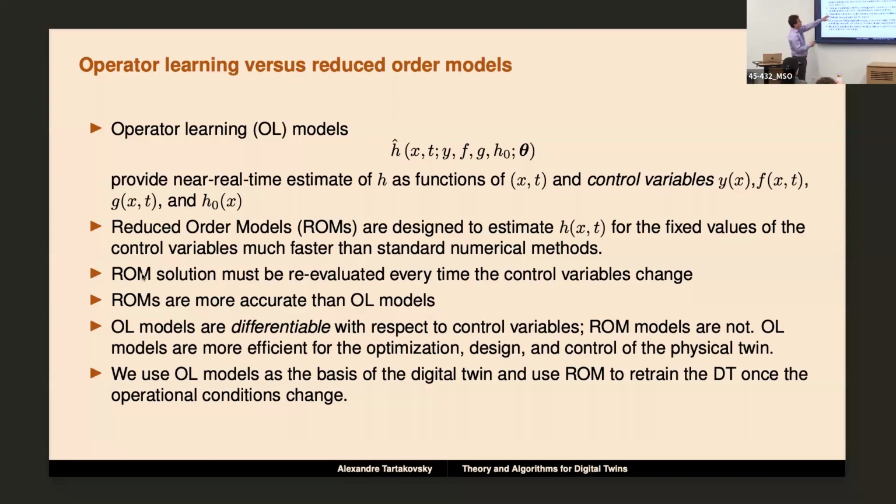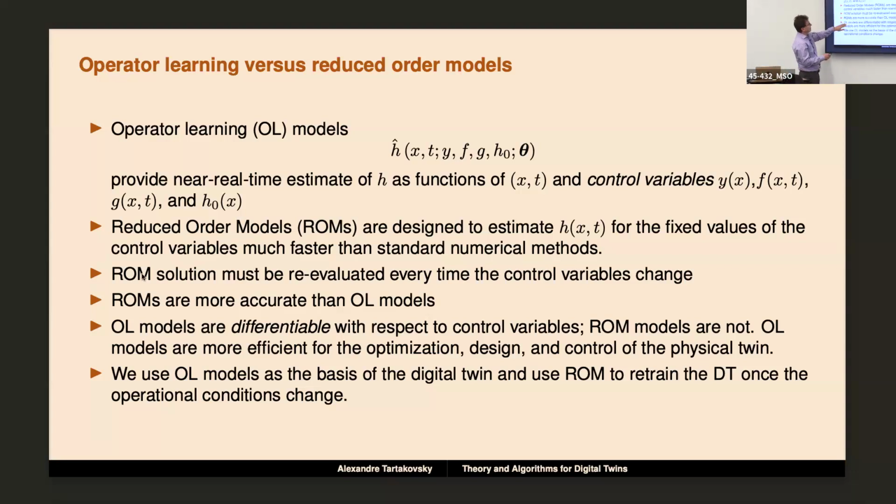Reduced order models must be re-evaluated, recomputed, retrained every time the control variables change. So in this sense, they are not very adaptable to changing conditions. On the other hand, in general, reduced order models are more accurate than surrogate operator learning models. At the end, these models are just large regression models. So there is a trade-off.